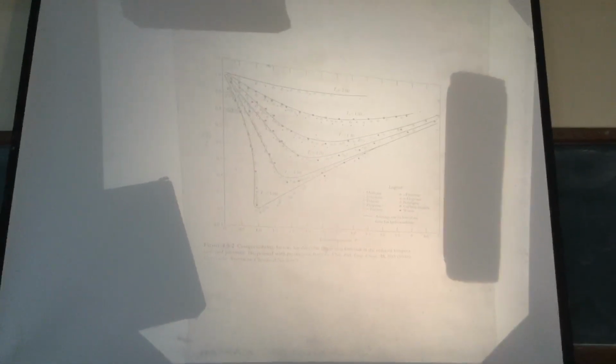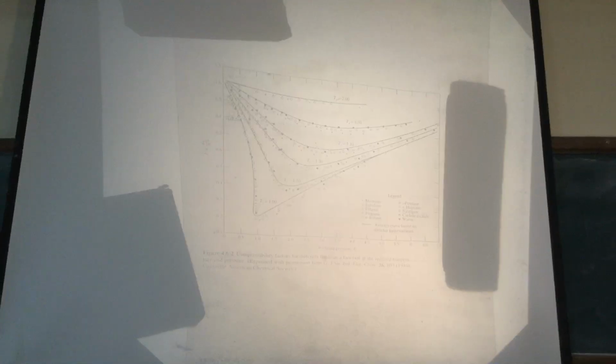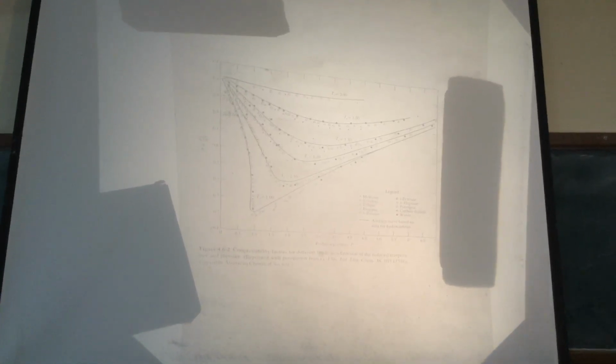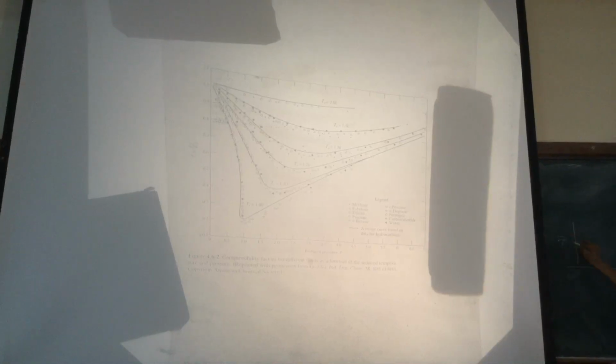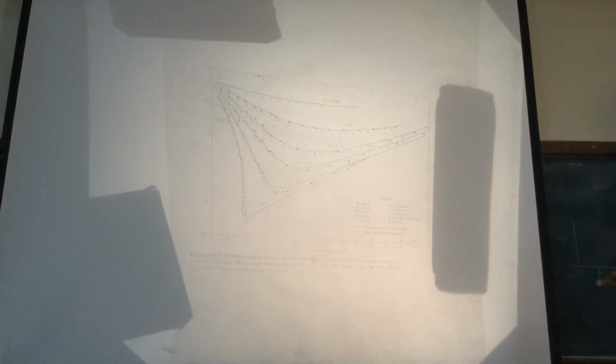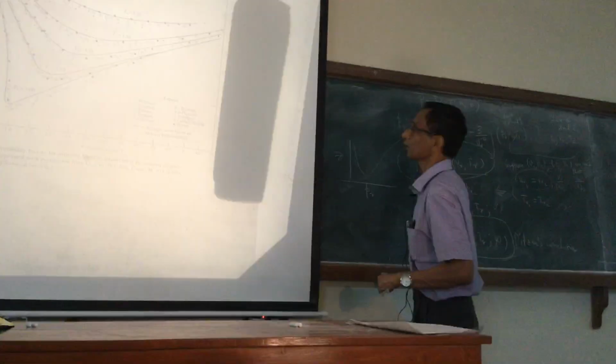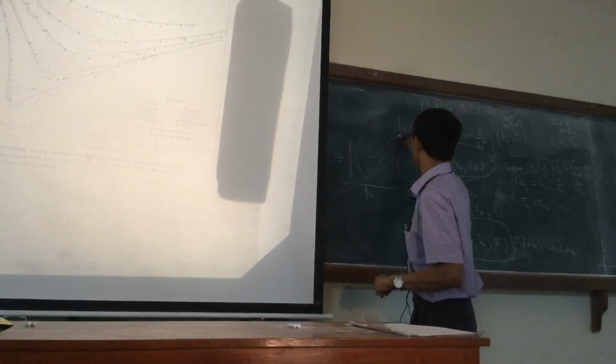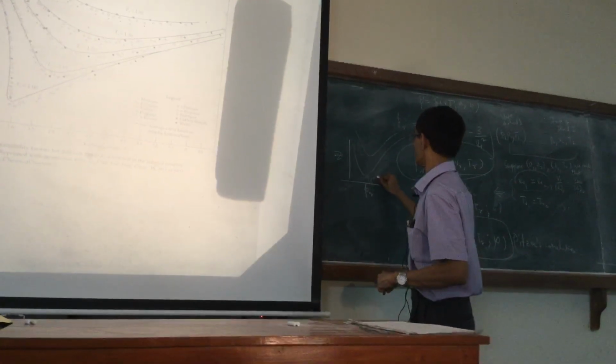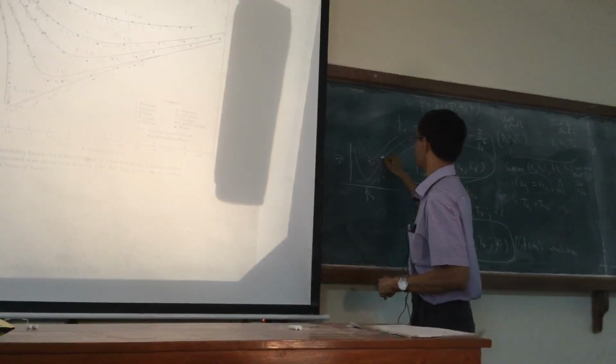So you can see that what is plotted is Z versus PR, for various values of TR. It's actually representing only the supercritical region. This is TR equal to 1 and this is TR equal to whatever.